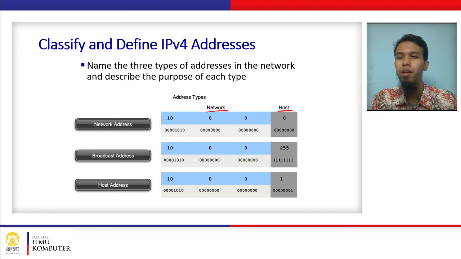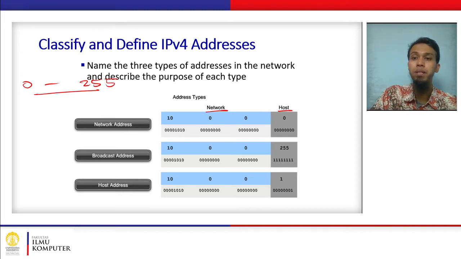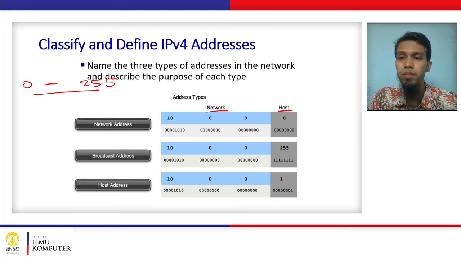If we define one network, we allocate a part of the IP addresses, let's say from 0 up to the total number of IP blocks, let's say 255 if we talk about 8 bits. Among all of this, from 0 to 255, we cannot use all of the IP addresses, because there are two addresses already reserved for the network address and the broadcast address.